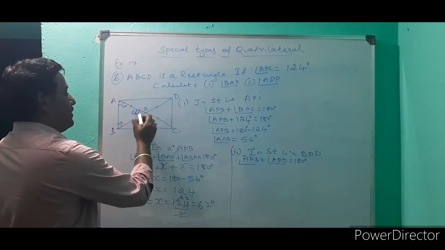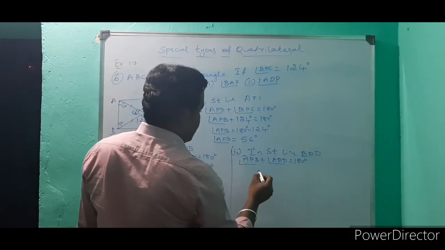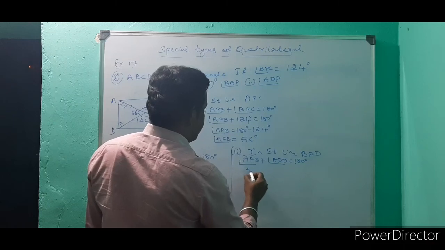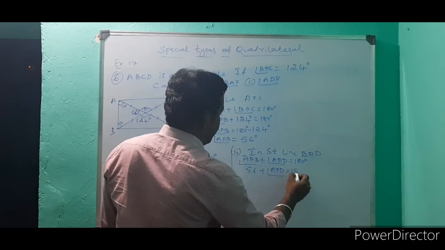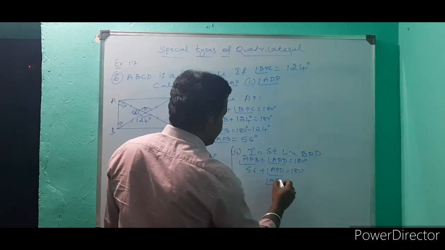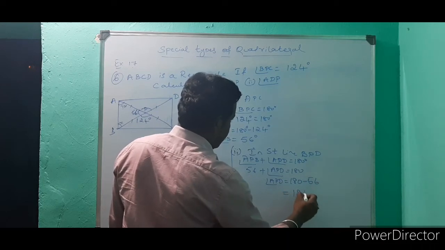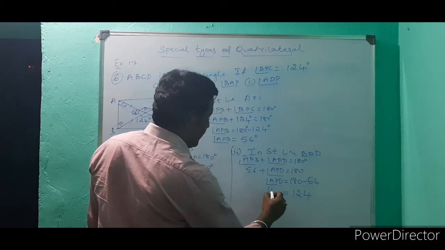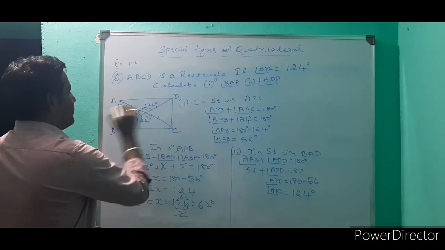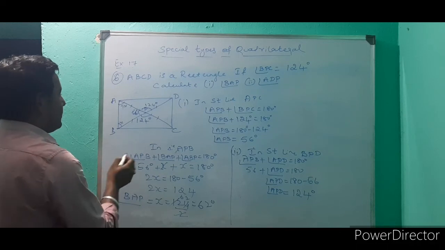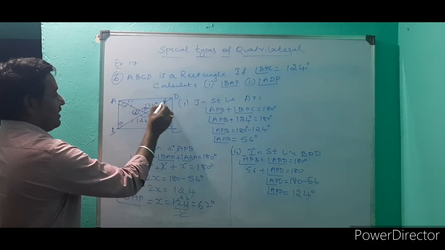Look at this, this is a straight line. This sum is equal to 180 degree. APB is equal to 56, APD we want to find out. Angle APD is equal to 180 minus 56, that is 124 degree. APD is equal to how much? 124 degree.